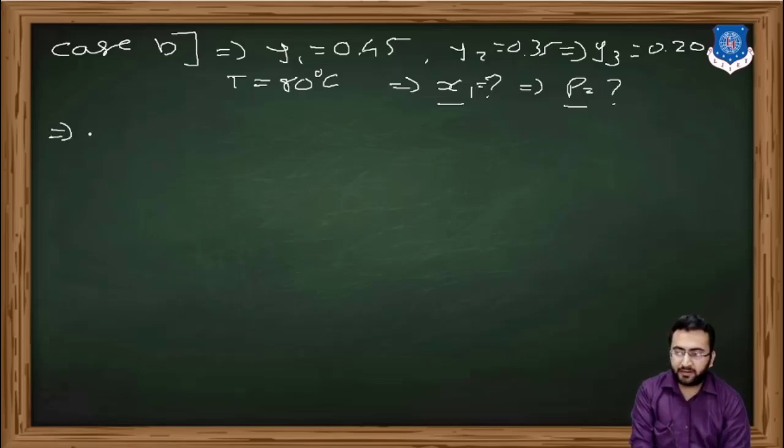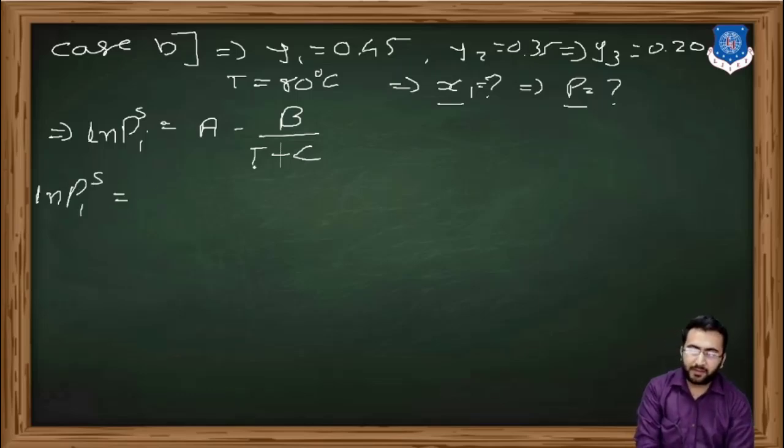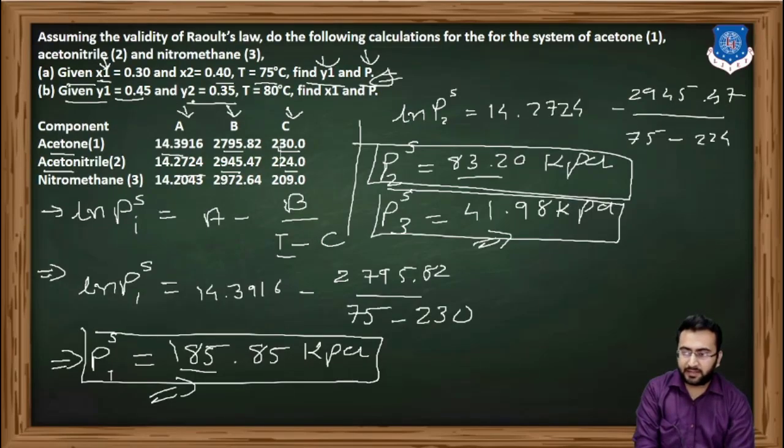So again let's write the Antoine equation, represented by ln Pi saturated is equal to A minus B upon T plus C. For component 1, ln P1 saturated is equal to, here the temperature is 80 degrees Celsius, whereas in case 1 the temperature is 75 degrees Celsius.